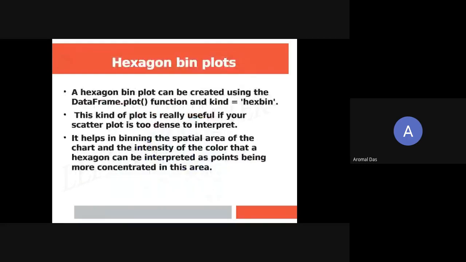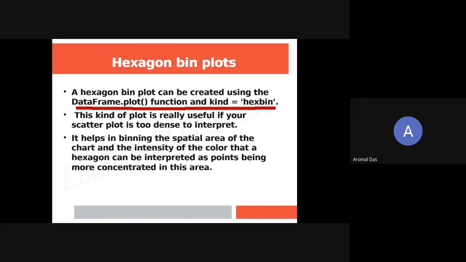Next one is the hexagon bin plot. A hexagon bin plot can be created using the data frame dot plot function with kind equal to hexbin. Previously it was kind equal to scatter. So hexagon bin plots are created using kind equal to hexbin.